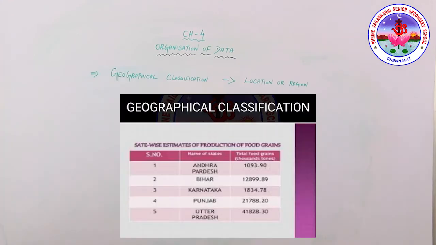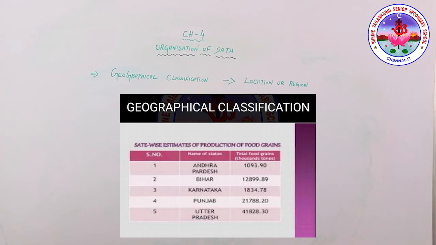Let's start with the first method of classification, geographical classification. When the data is classified according to geographical location or region, it's called geographical classification. For example, when the population of different states is presented, we say that it is according to geographical classification.